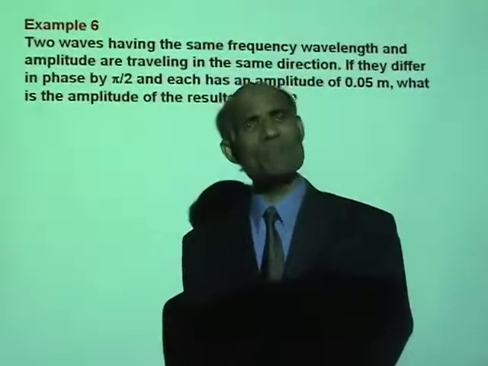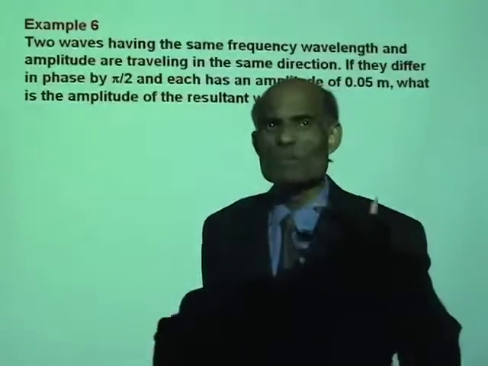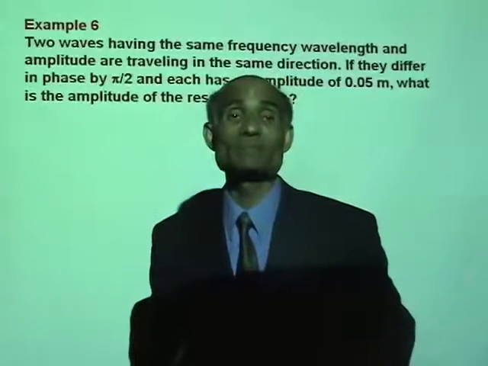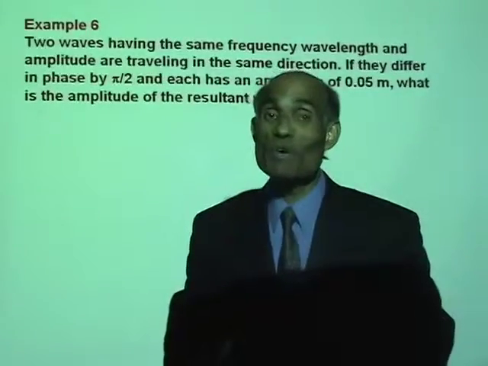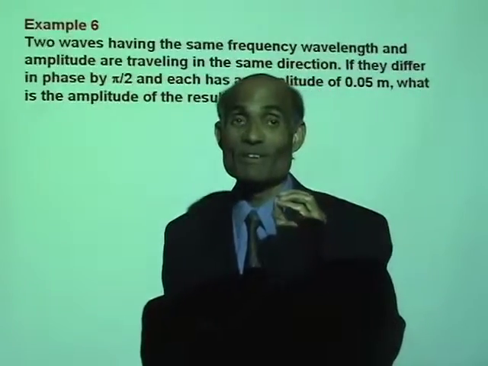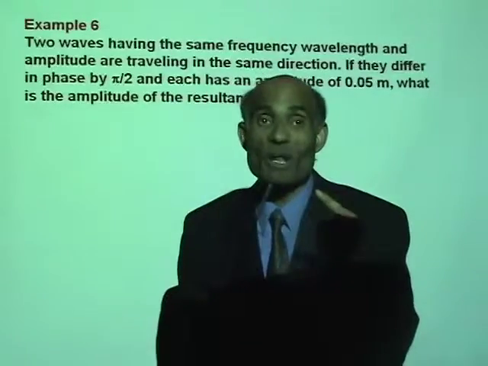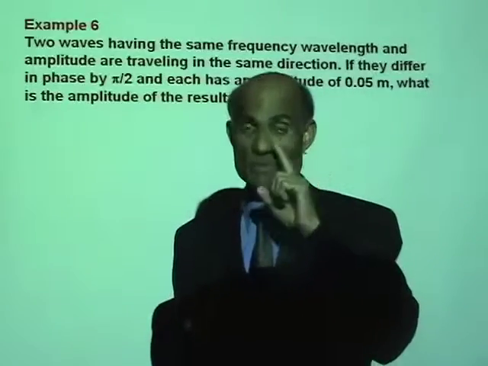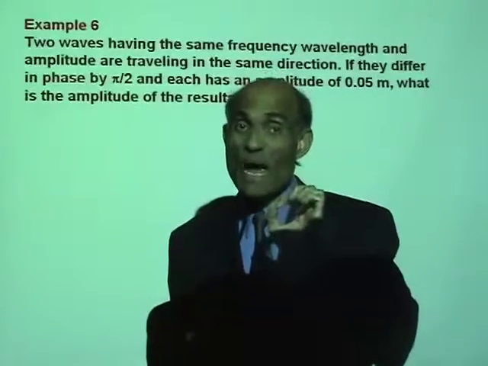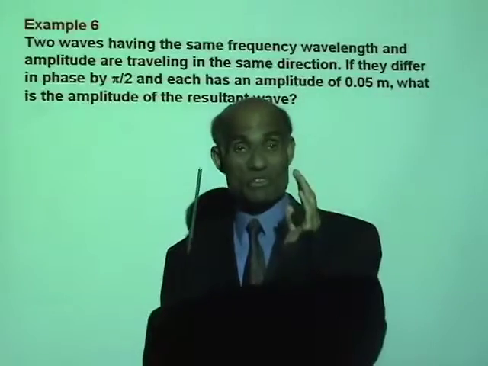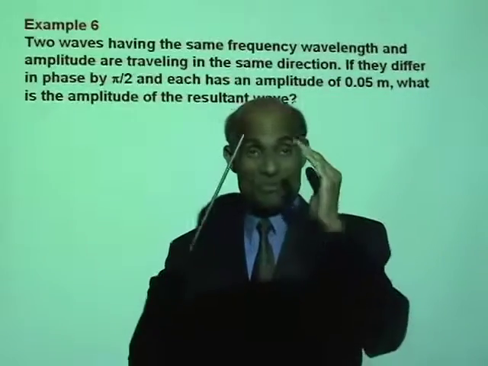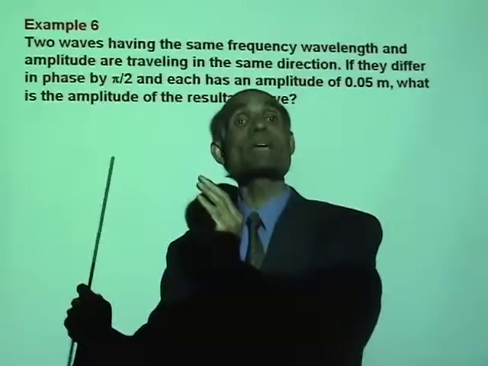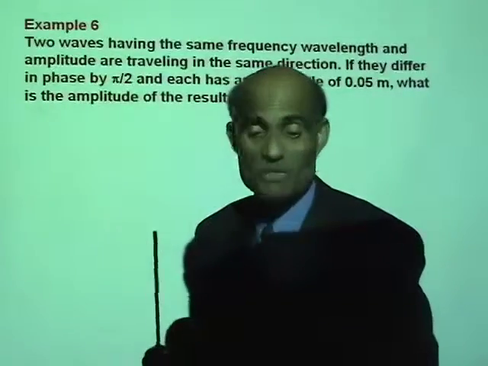Now, do you remember the equation we developed for the resultant amplitude when two waves meet? Well, those equations are important. We used the trigonometry result and we said the resultant amplitude is equal to 2a cos delta by 2. 2a cos delta by 2 is the amplitude. Then sine of kx minus omega t plus delta by 2.